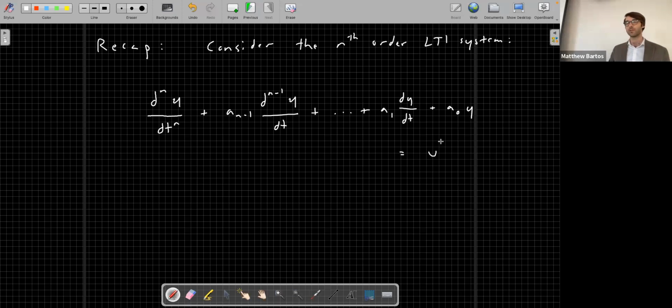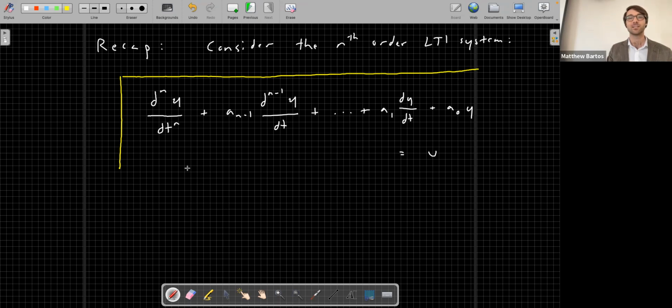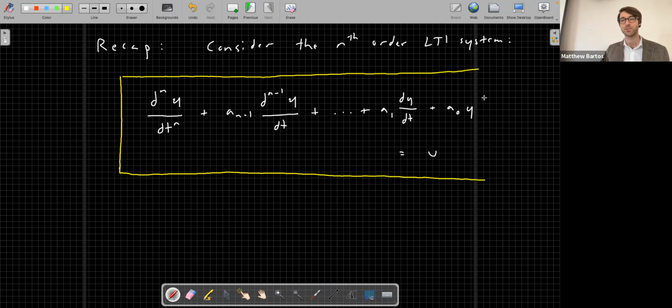Okay, so what's different about how I wrote it this time, by the way? Does anyone remember? Right, so one difference is that it's only first order with respect to u. So we're only considering just a single input and not its derivatives. What's the other difference that's a little bit more subtle here? So the order of the derivatives should be the same.